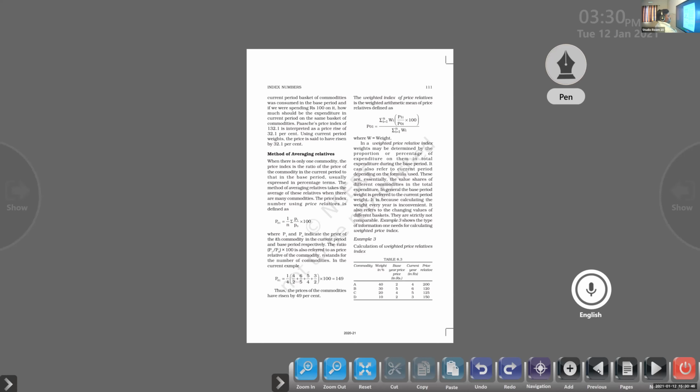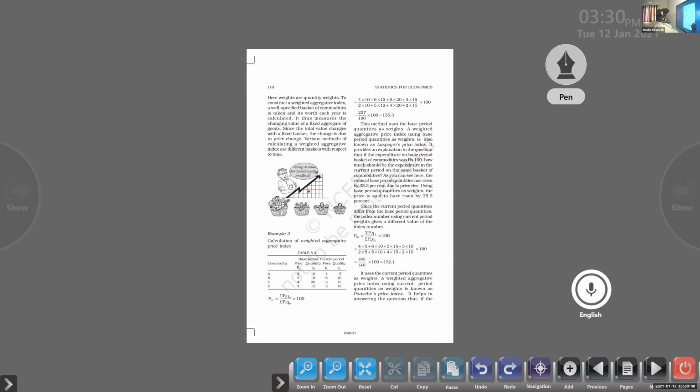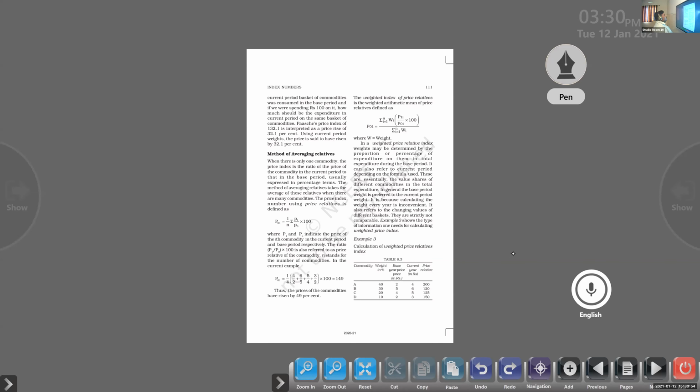32.1%. Sorry, I made a mistake here. It is 32.1 because it is 132 minus 100, right? So Paasche's price index says that it is 32.1%. Using the current period, the price is said to have risen by 32.1% for that basket of goods. So we have to spend more money to purchase the quantity that existed in the base period, right?